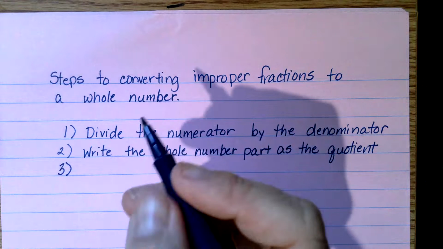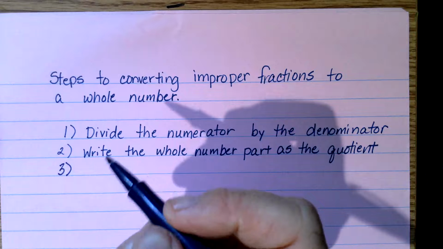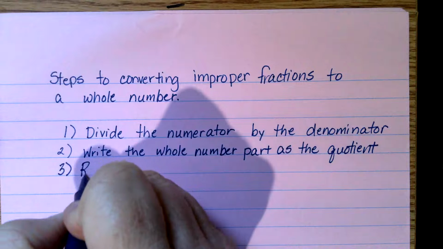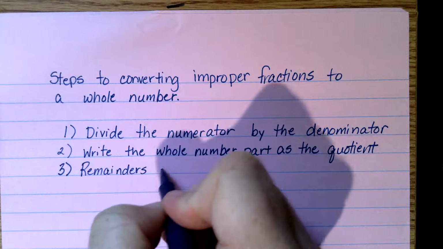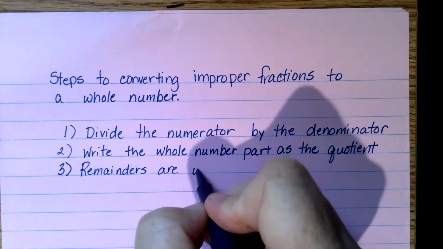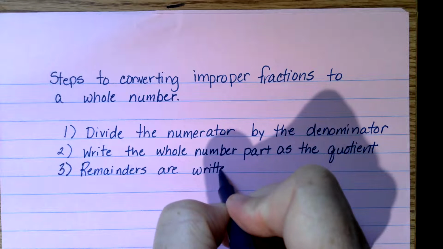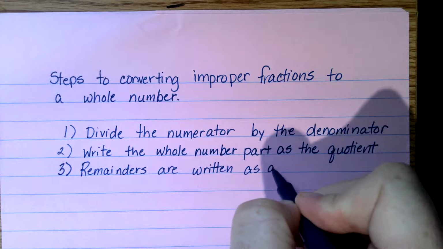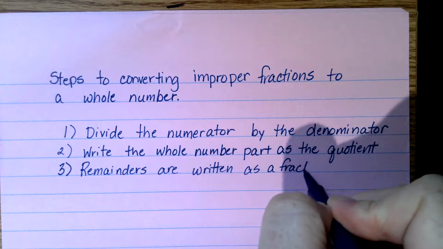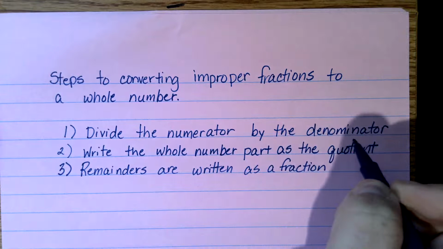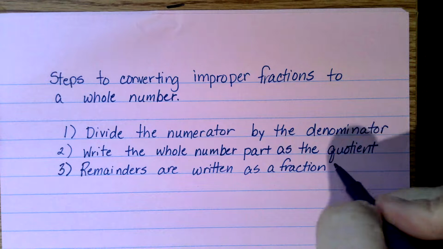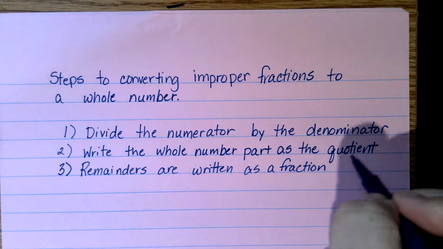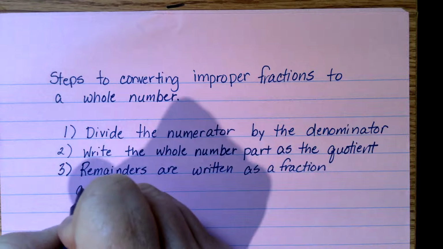And any remainder is written as a fraction. So remainders are written as a fraction and placed by the whole number.